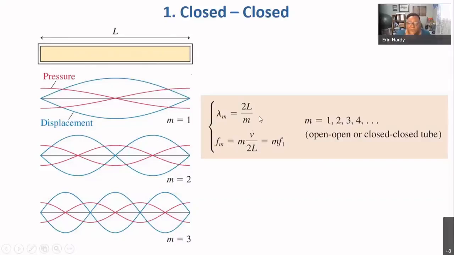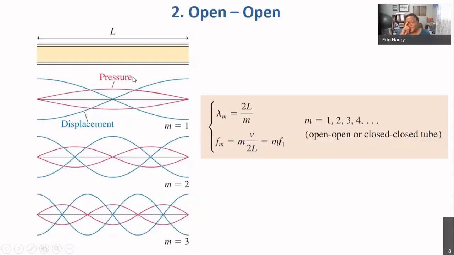And m here also refers to the number of antinodes, just like it did for the standing wave on a string. So if we can figure out what v over 2L is for this particular tube of length L that's got air of a certain temperature inside, then we can predict pretty easily what any higher order standing wave frequency will be.